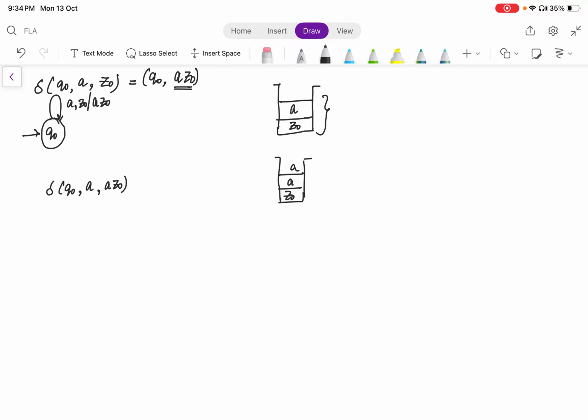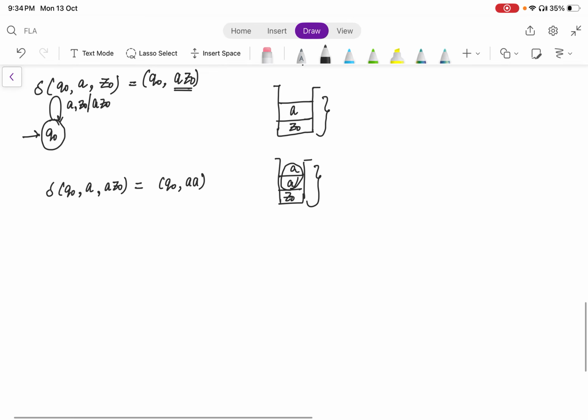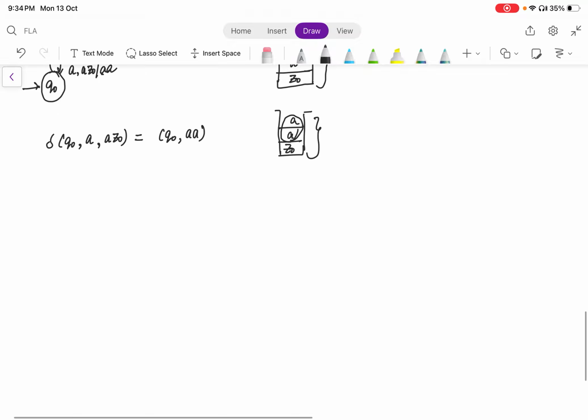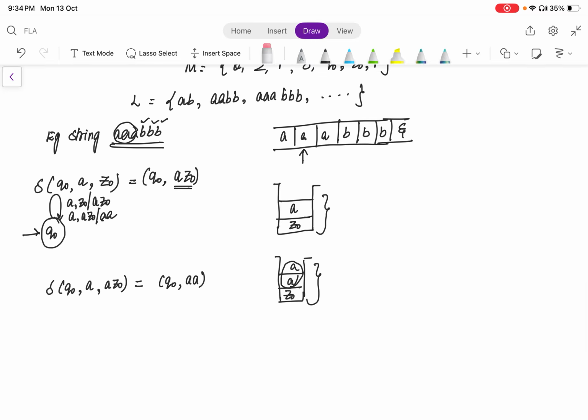That is equal to, you don't change the state for push. What is the stack after adding a? There are three symbols, a a Z0. You write only the recent two symbols, that is q0, comma, a a. So you have another transition here: the input is a, the stack status is a Z0, and after adding the input, it is a a. Okay, now two a's are done.